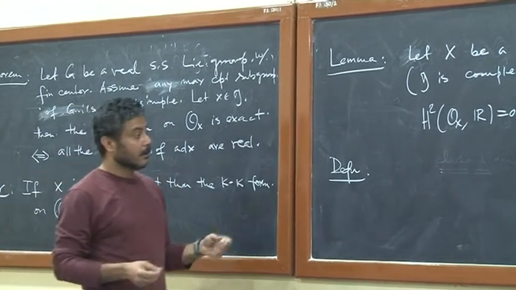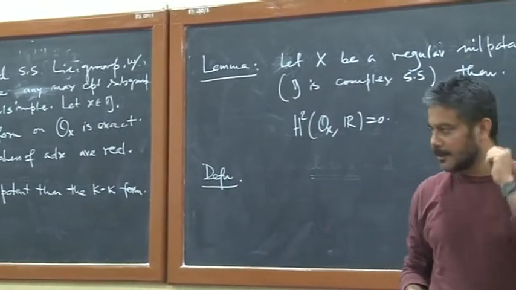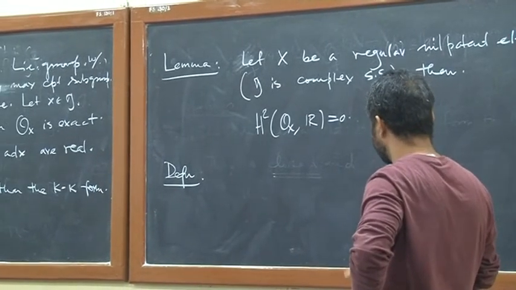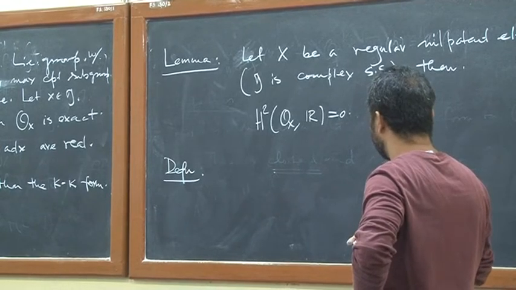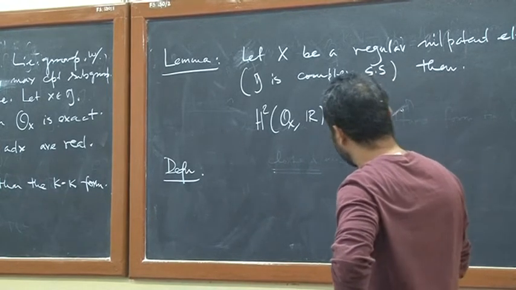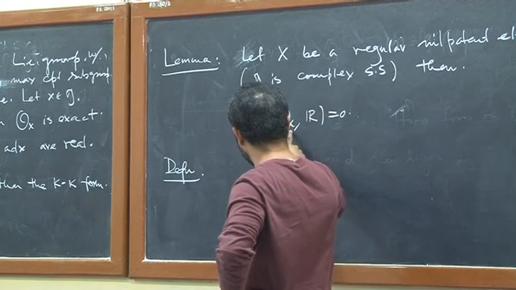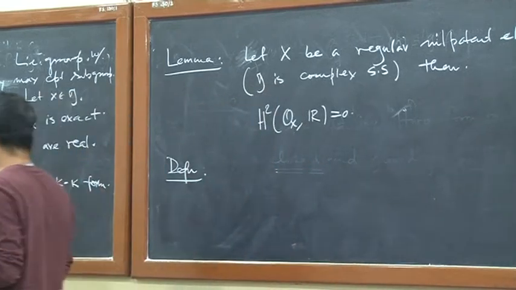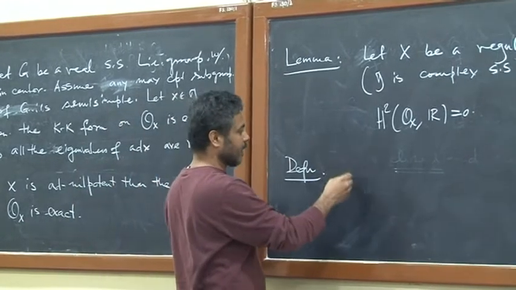In general, the variety of nilpotent elements has dimension equal to the dimension of the Lie algebra minus the rank of the maximal torus. So the orbit of a regular nilpotent element has exactly the same dimension, that is, the dimension of the Lie algebra minus the rank. So the definition is as follows.